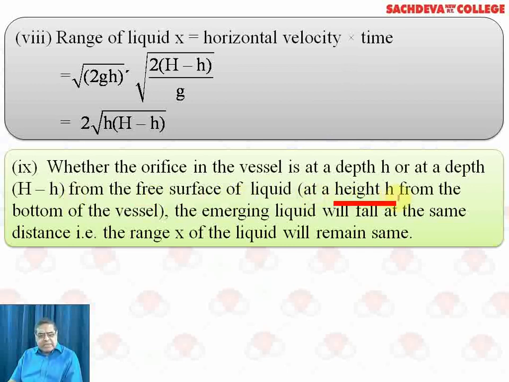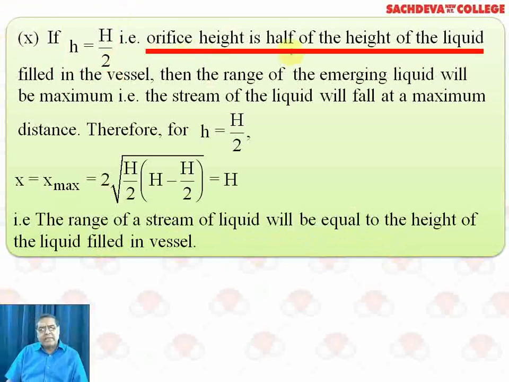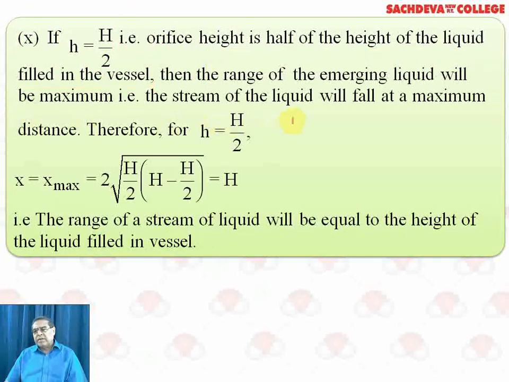At height h from the bottom of the vessel, the emerging liquid will fall at the same distance, that is, the range x of the liquid will remain the same. x is called the range. If h is H/2, that is, the orifice height is half of the height of the liquid filled in the vessel, then the range of the emerging liquid will be maximum. That is, the stream of liquid will fall at a maximum distance.